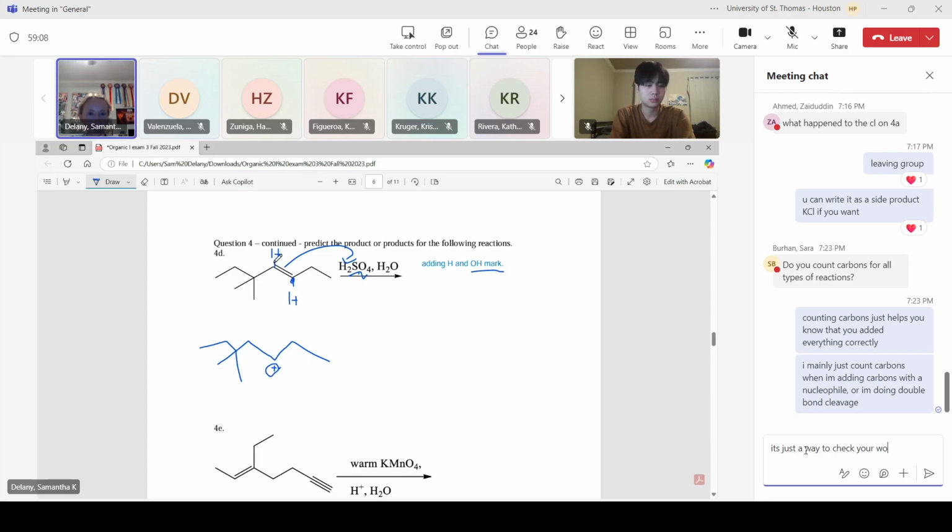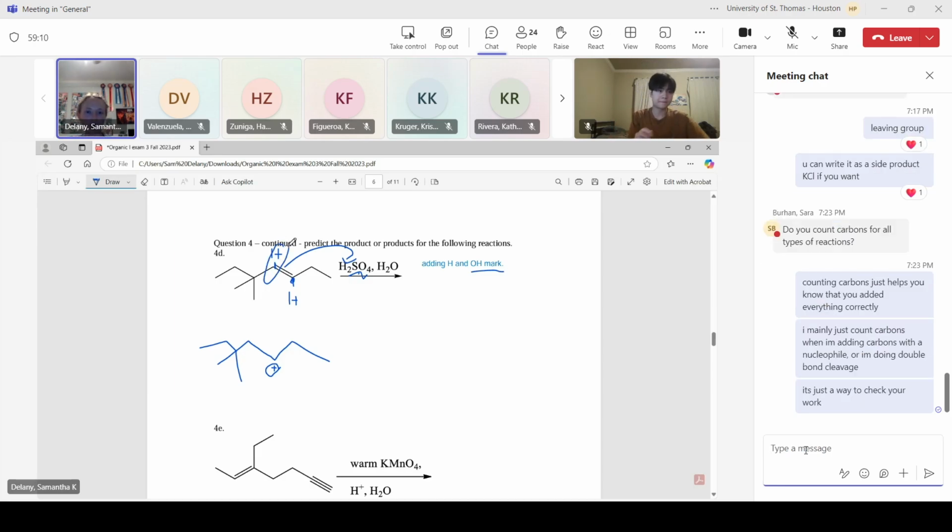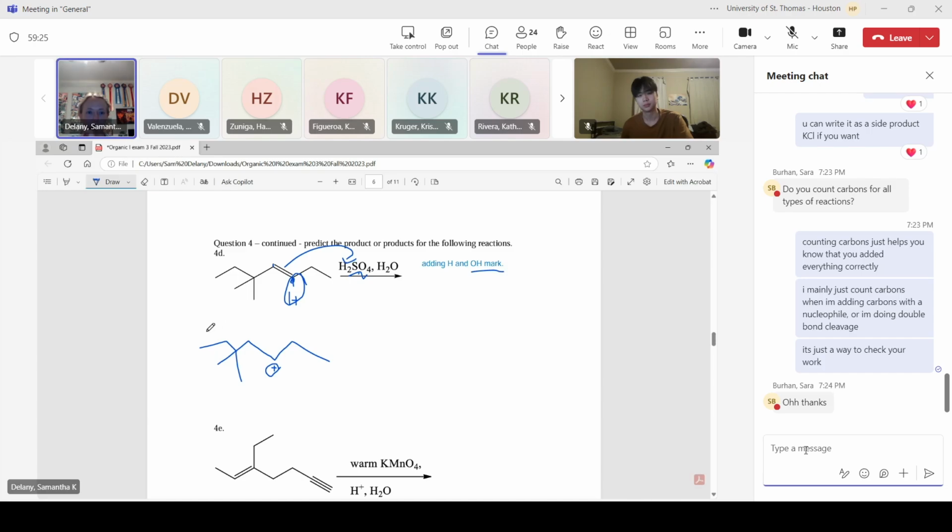So I took the hydrogen and I subbed it in on this carbon here. My second carbocation possibility would be that I put the hydrogen on this carbon, and so I make my carbocation here. Try not to lose any carbons here.